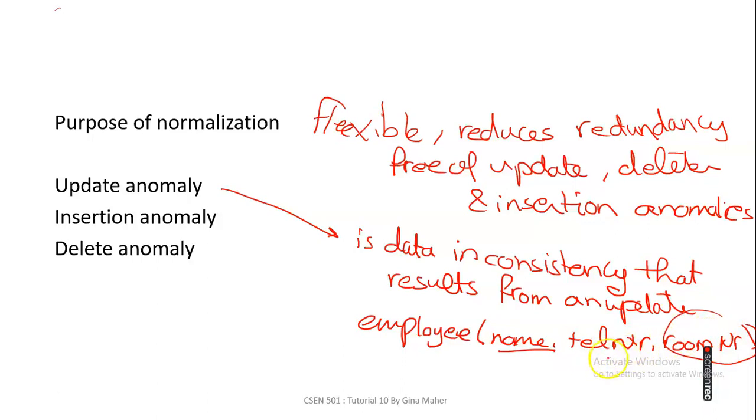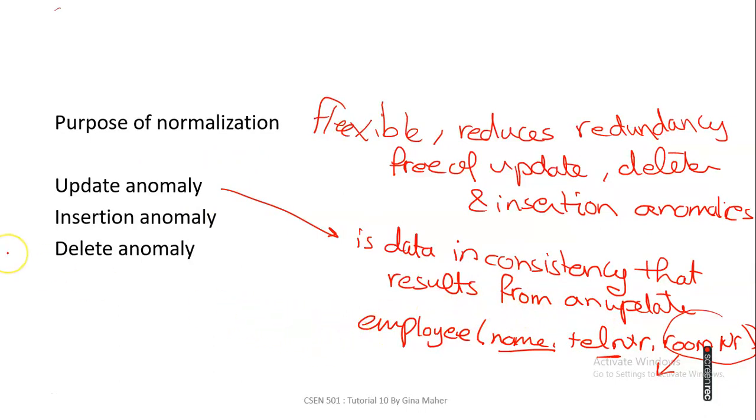If the telephone number is associated with the room number, then there will be data inconsistency, because in this case the room number will be changed, however the telephone number is not changed. So this happens when we have two attributes that are related to each other and only one of them is updated. This is an update anomaly, which is data inconsistency that results from an update.